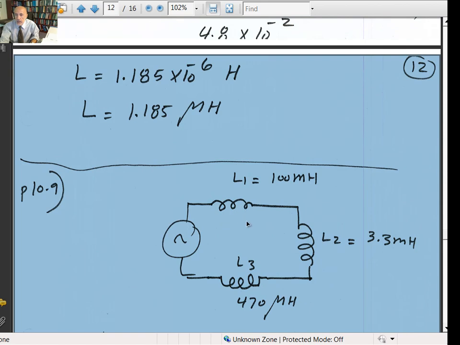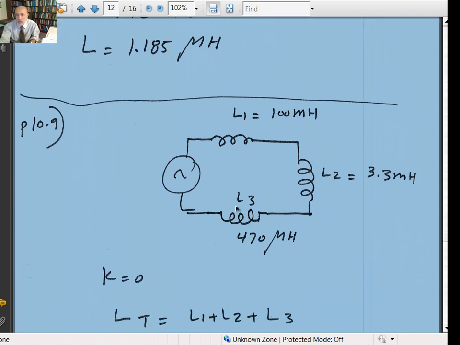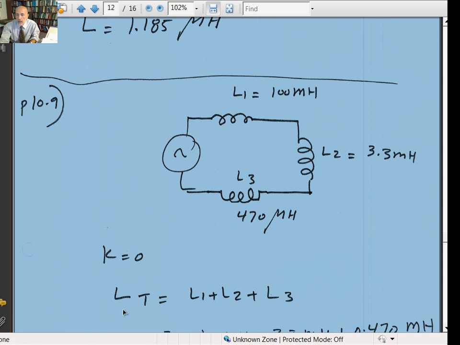But there's a thing called mutual inductance, because some of the flux generated in one coil might leak into the second coil. And when that's the case, there's what's called a coupling coefficient, and the inductance will be different. But in this case, it says K is equal to 0. That means the coupling coefficient is equal to 0. Then the total inductance will simply be equal to the sum of the three.